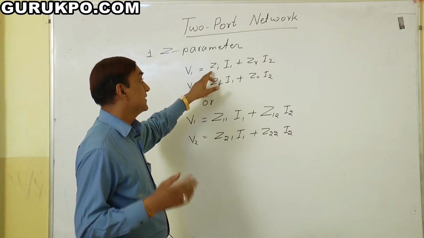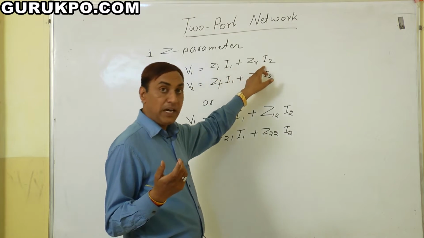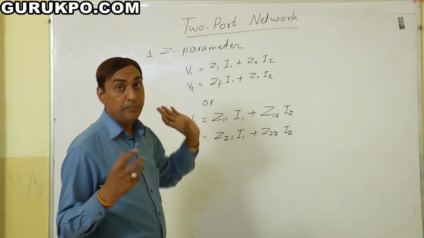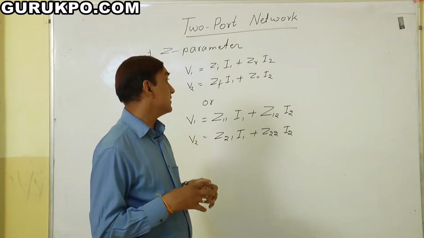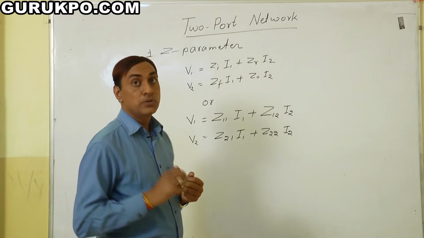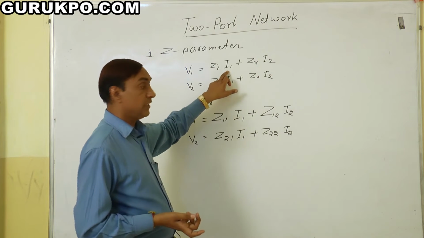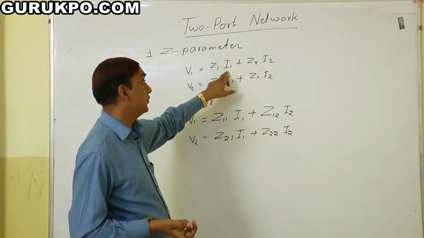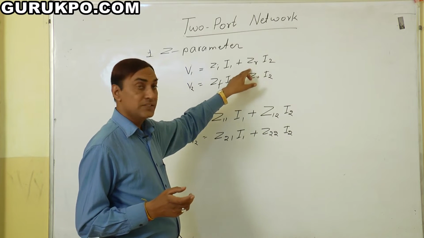So there is Zi I1 plus Zr I2. It means this is the voltage drop that appears or is generated due to the first current and the second current. The first current is multiplied by Zi and the second current is multiplied by Zr.